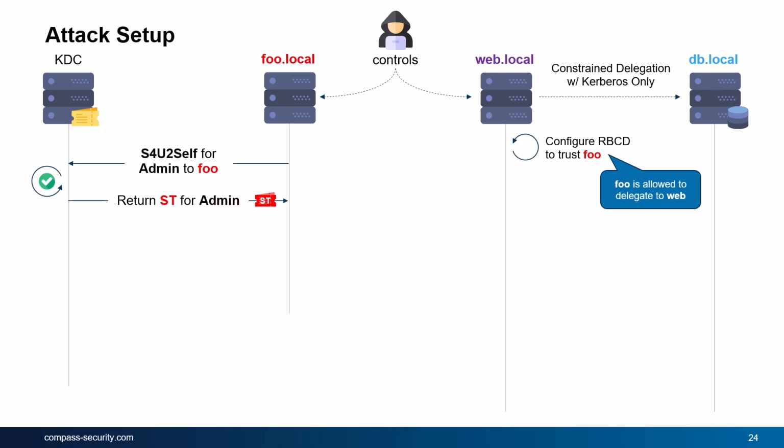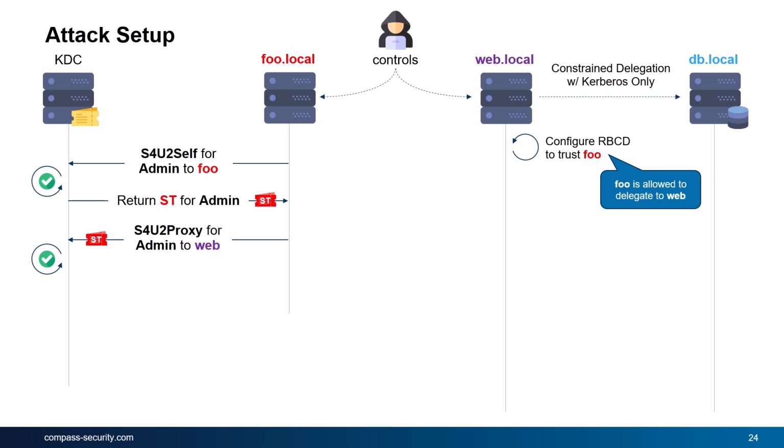Now, with this service ticket, we can then trigger the next step and request a ticket for admin to web, so to this system over here. Now again, remember, foo is allowed to delegate to web.local because of this configuration of RBCD.